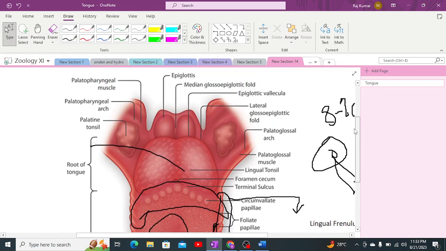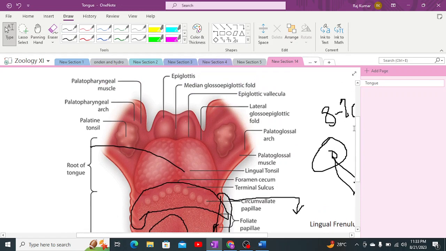After which we are having some other structures which we have previously discussed in our video, which includes the palatine tonsil. What is the palatine tonsil? It is the structure which is present behind the tongue, and it is responsible for a specific function.